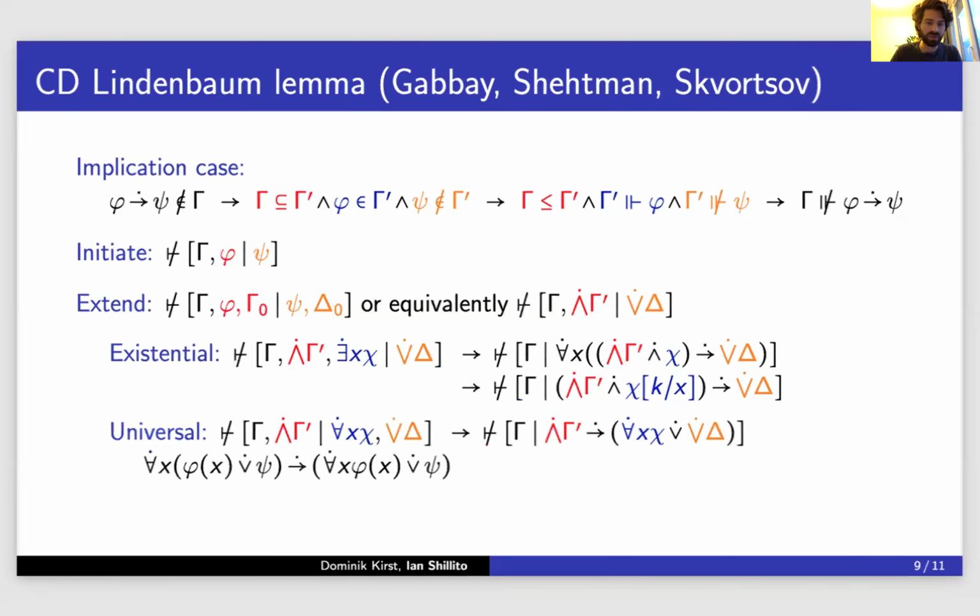But that's a good time to give you a reminder about the structure of the constant domain axiom, that is effectively an axiom, a theorem of first-order classical logic, which read from right to left allows you to pull a universal quantifier outside of a disjunction.